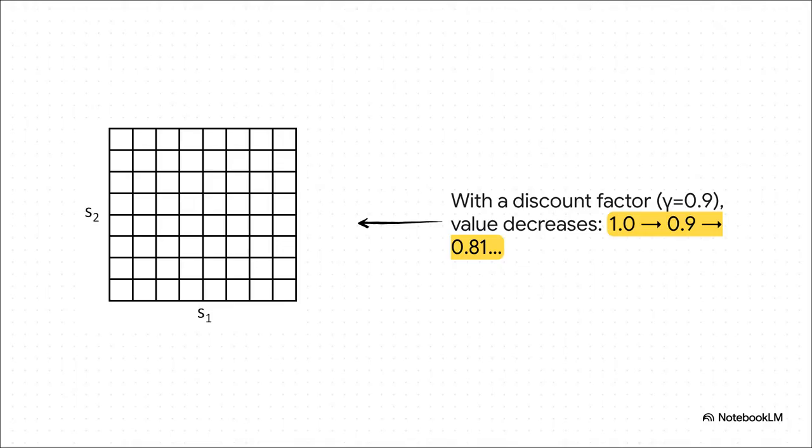So check out what happens now. As we work our way backward from the goal, the value gets chipped away just a little bit at each step. The square right next to the goal is worth 0.9. The one before that is 0.81. You see what's happening? We're creating this beautiful slope of value, a gradient that our agent can just climb uphill to get to the goal.